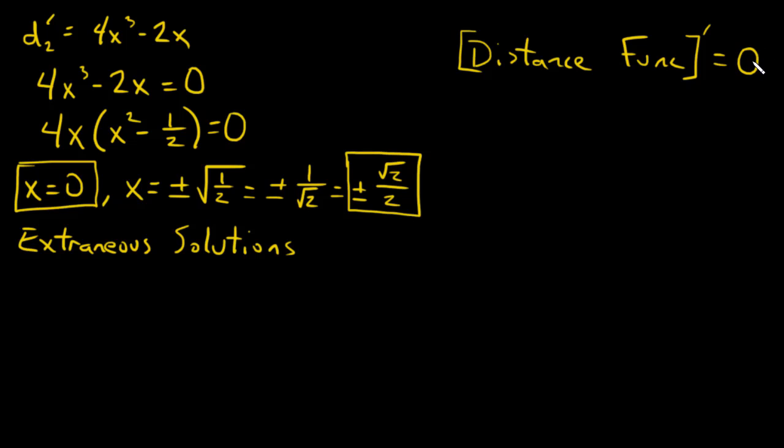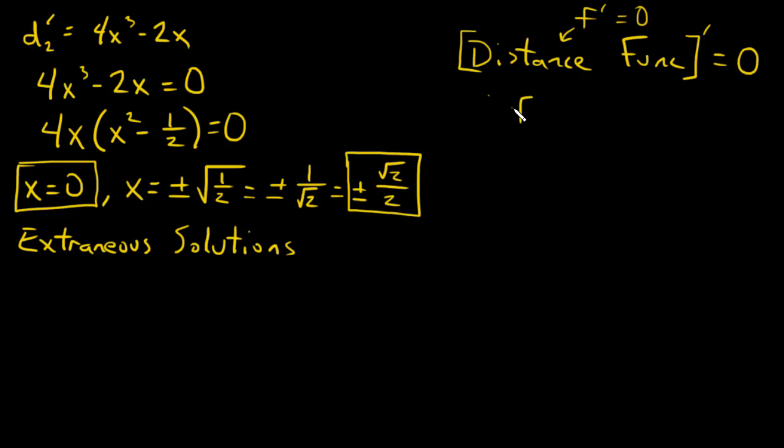That tells me when they're horizontal, right? So I've got the places where the distance function has a horizontal slope. What I want, though, are the values that are minimums. That occurs when my distance function, which I'm going to abbreviate as f, and so this would be f prime equals 0.